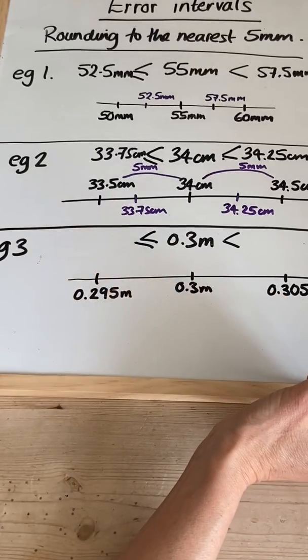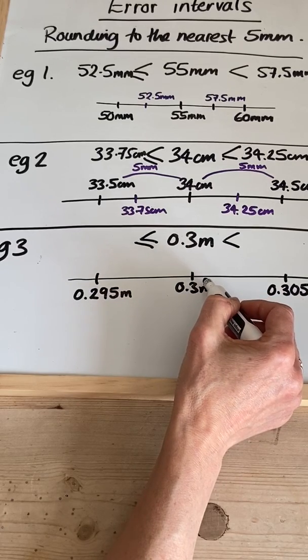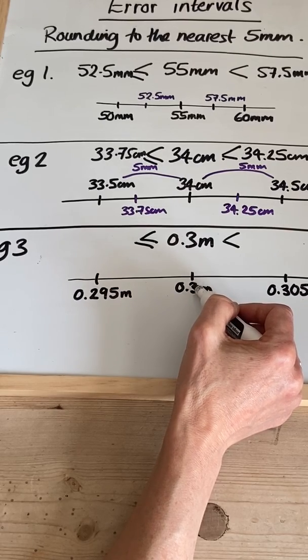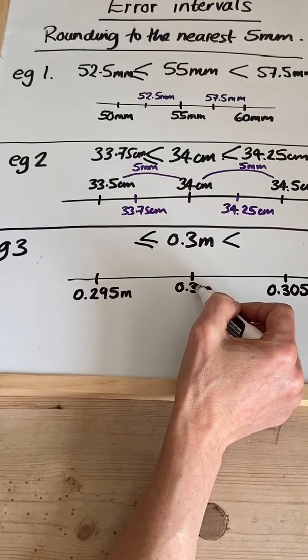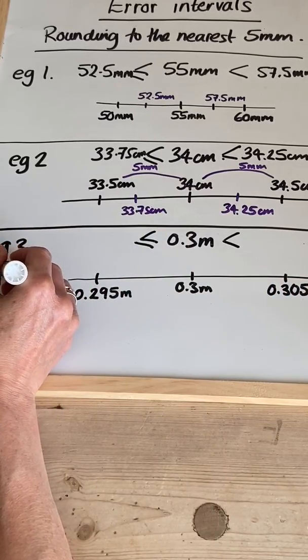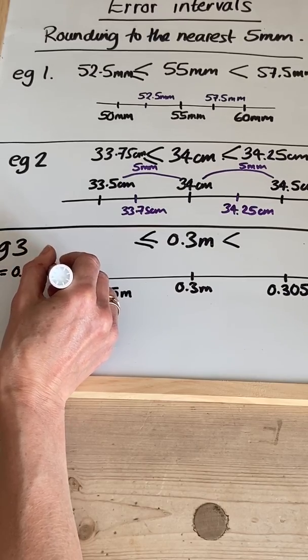Just think about it. 10 centimeters is 0.1 of a meter. 1 centimeter is 0.01 of a meter. 1 millimeter equals 0.001 of a meter, doesn't it?